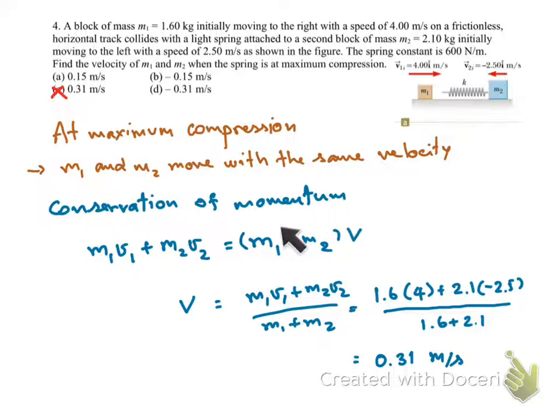So from the conservation of momentum, the initial momentum of the system before the collision must equal the momentum of the system when they are moving with the same velocity V. Okay, so we have this relation. Rearranging this relation, we have this capital V equal to this term, and if we put in the numerical values, we get the value of capital V equal to 0.31 meters per second. This is the answer.